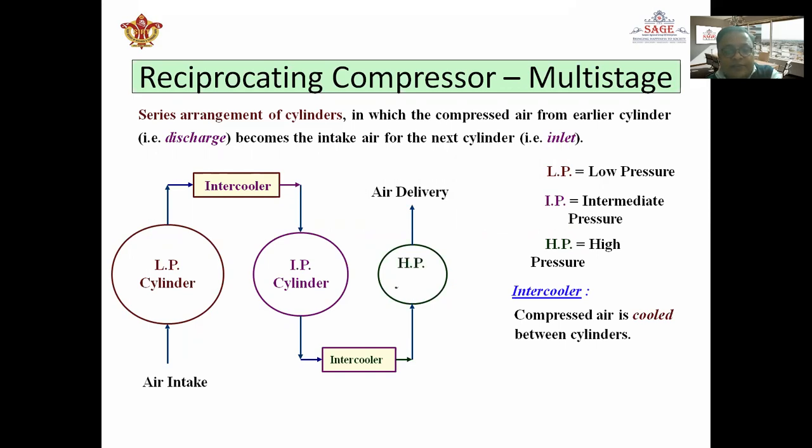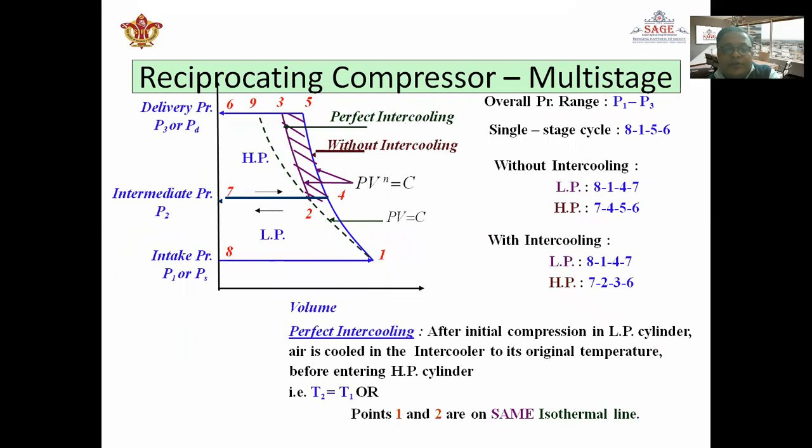After the intermediate cylinder, air again passes to another intercooler, and after intercooling, when the temperature of the air has been reduced, the air moves to the HP cylinder. So this is the functioning of the reciprocating compressor, called multi-staging.